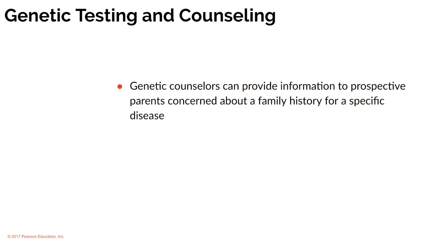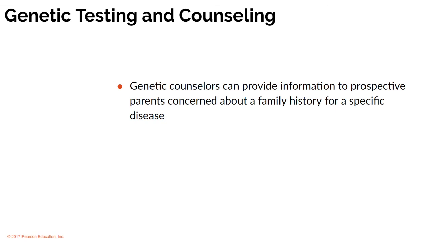Specifically, if you have a sister or a parent or relative that has cystic fibrosis, and your partner also has relatives that have cystic fibrosis, it definitely would benefit the two of you to look into a genetic counselor to see what likelihood you have to have a child who has cystic fibrosis.